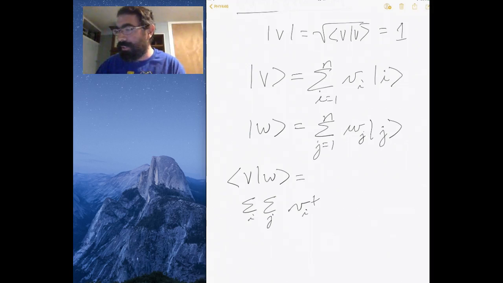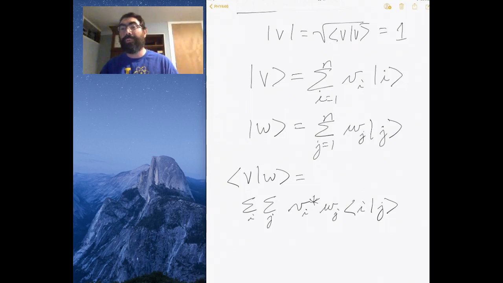Since v is a bra, it has to be the complex conjugate of those components. So we take the complex conjugate of the v components, multiply them by the components of the w vector, and then take the inner product of i and j.